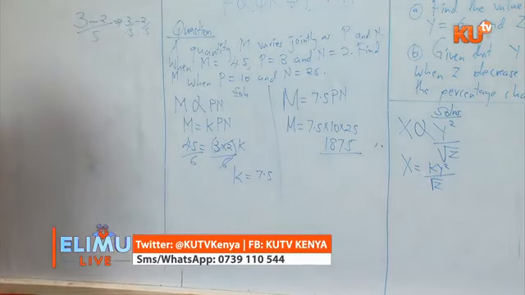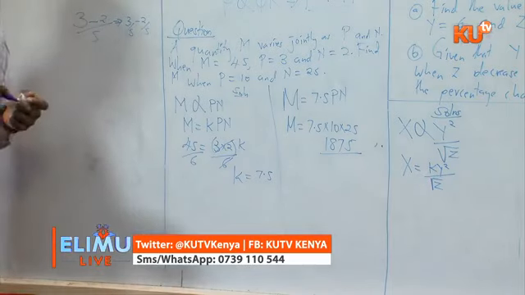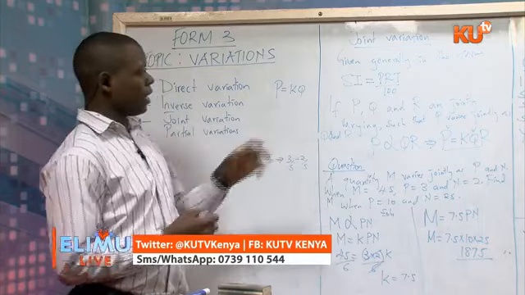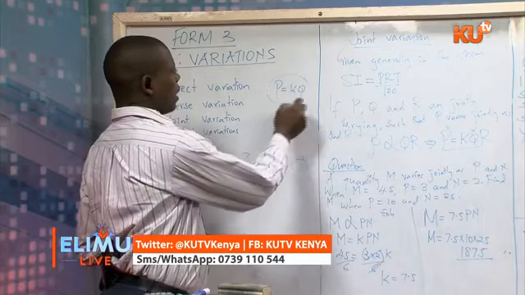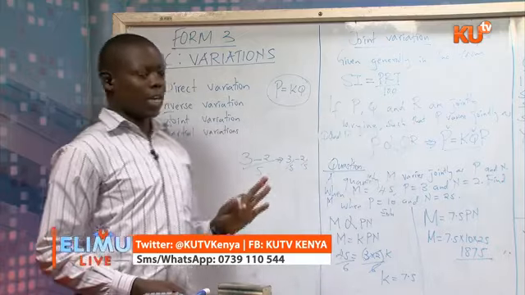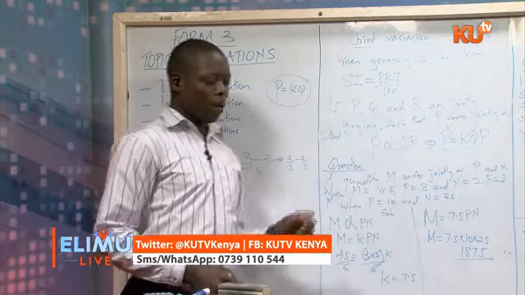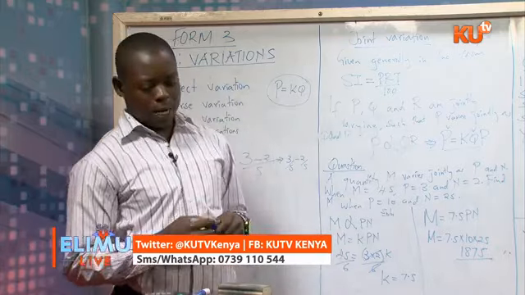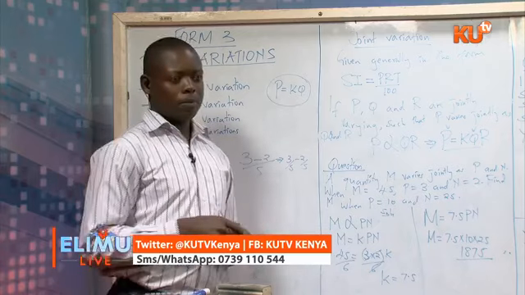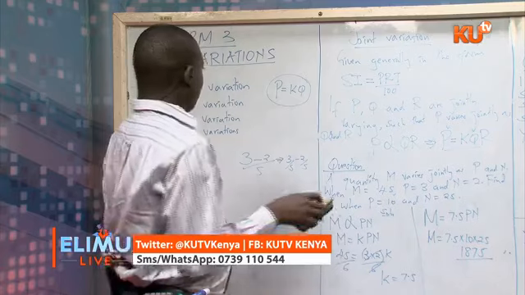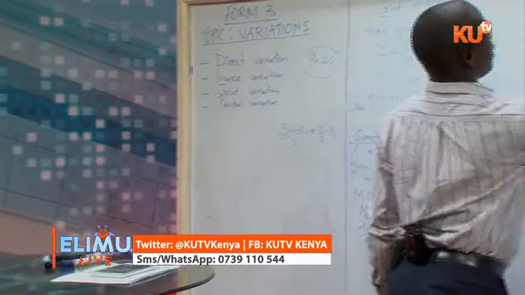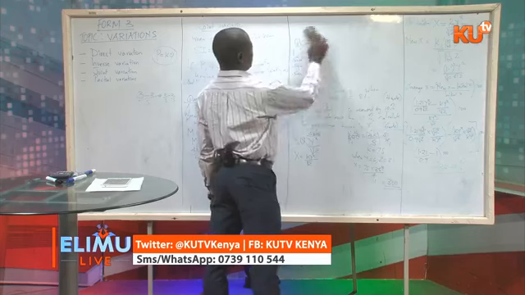That becomes the value of M. And so, just as I've said, what we carry out when looking at direct variation is the same as in joint variation, only that in joint variation, we have a comparison of more than two quantities or variables. And so finally, let's summarize partial variation.